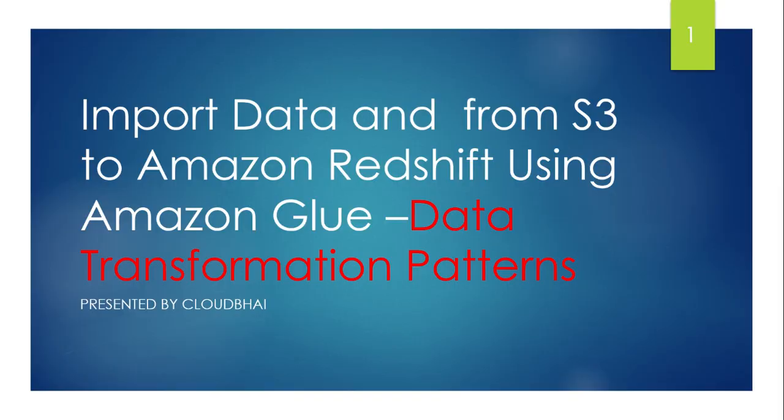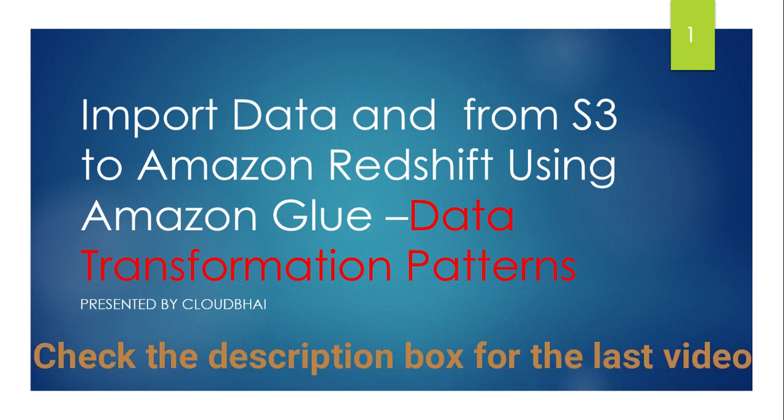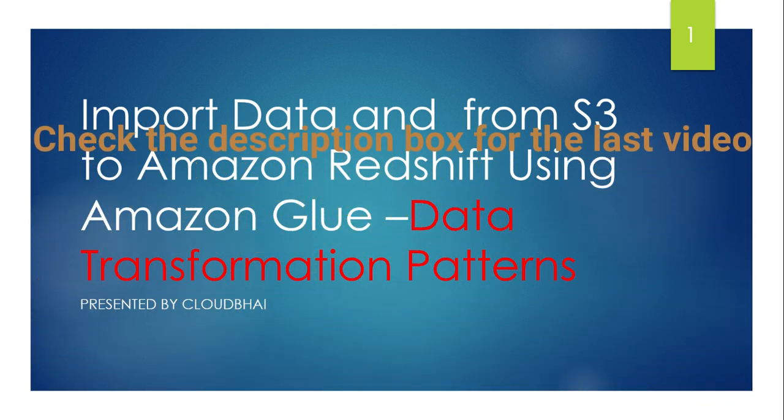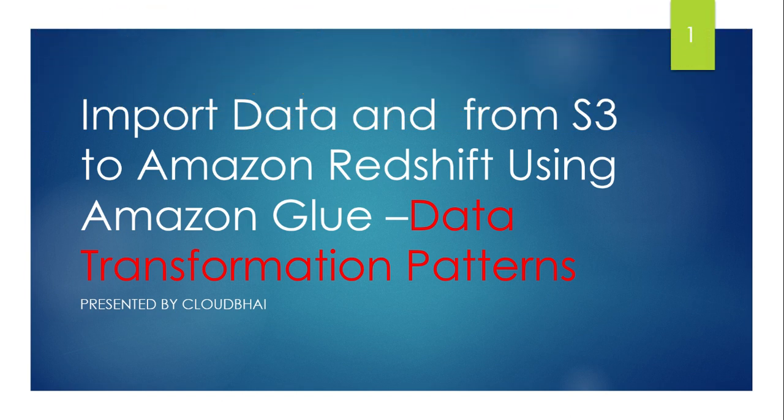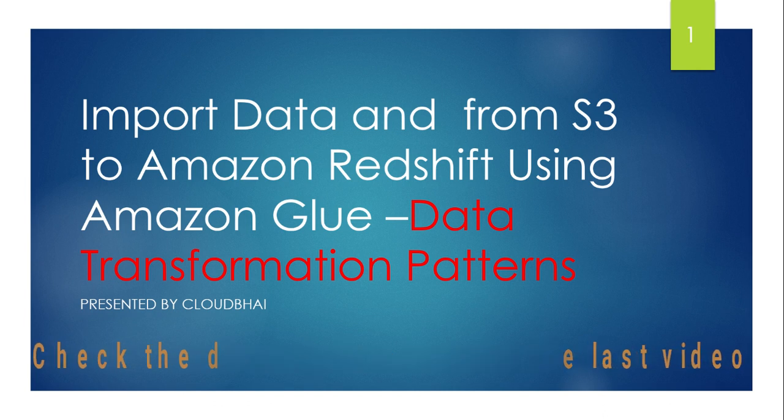Well, this is a continuation of the previous video I uploaded. In this video, I'm going to discuss some advanced topics on the transformations part of the ETL jobs, where I'll be using two CSV files as my source.